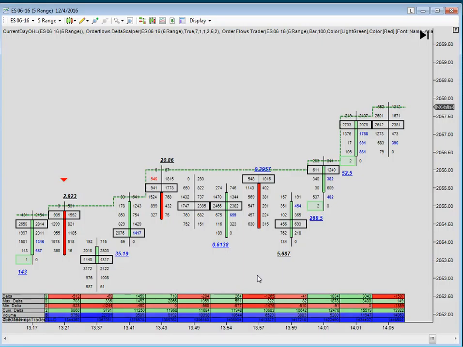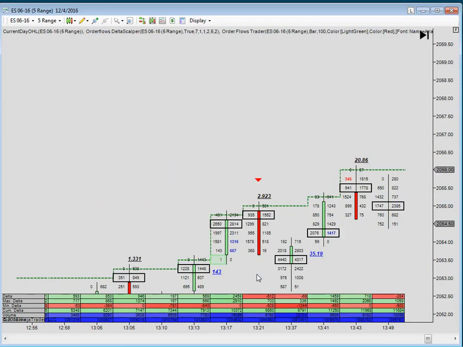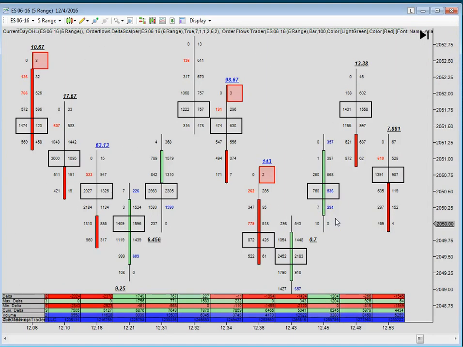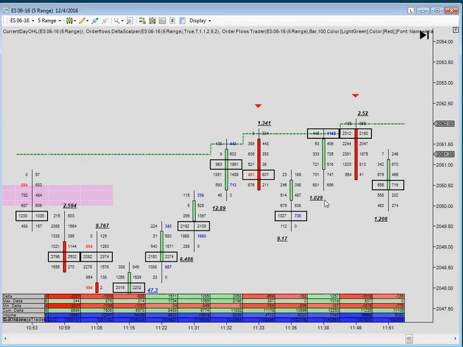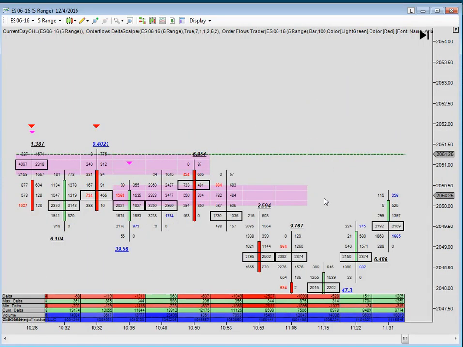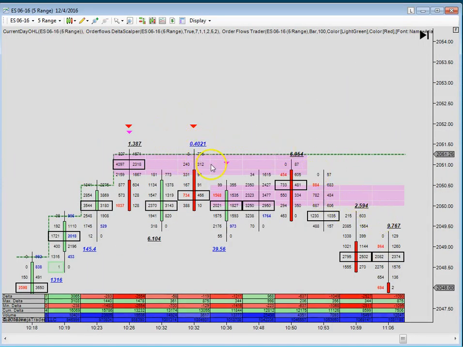But like I said, if you're just trading ratios, if you're just trading divergences by themselves, you're going to get whacked. What you want is a ratio to confirm the divergence. So don't just take divergences every time they occur.